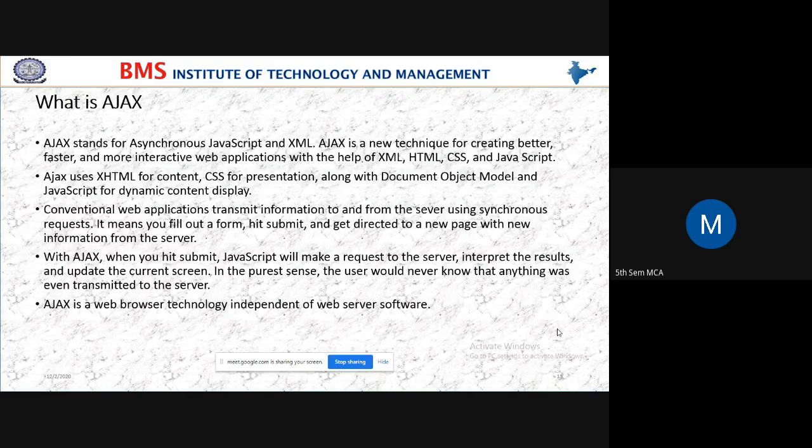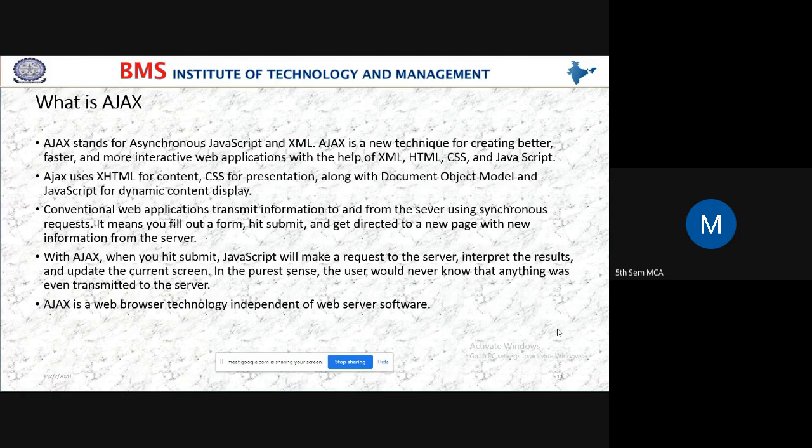So AJAX uses XHTML for content, CSS for presentation, along with the document object model, in short DOM, and JavaScript for dynamic content display.